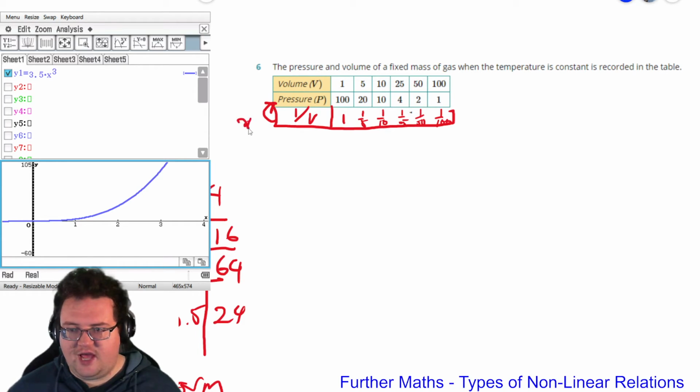So this would be your X, this would be your Y. And what you'll find is the shape of the graph will look something like that. It drops off very quickly.